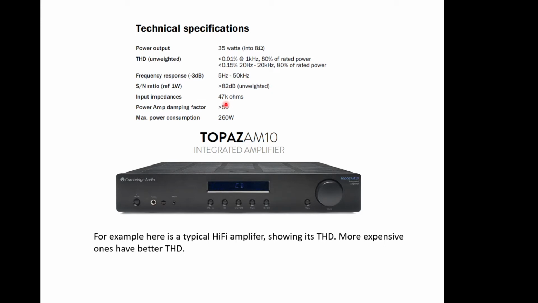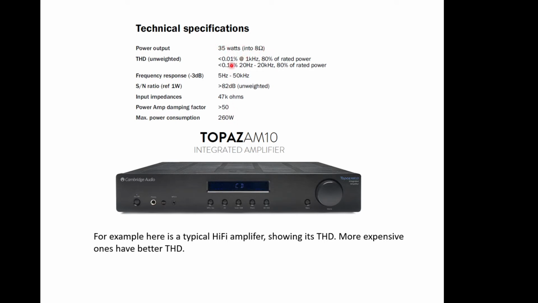But if you're an audiophile, you might argue that actually the harmonics are interesting and they colour the sound, but I'm not convinced that that is of any use really. And then there are some other numbers as well. We've got a signal to noise ratio, which is how much noise is in there, which is greater than 82 dB, which is pretty good. And in terms of efficiency, maximum power consumption is 260 watts or so, but the power output is only 35 watts into the speakers.